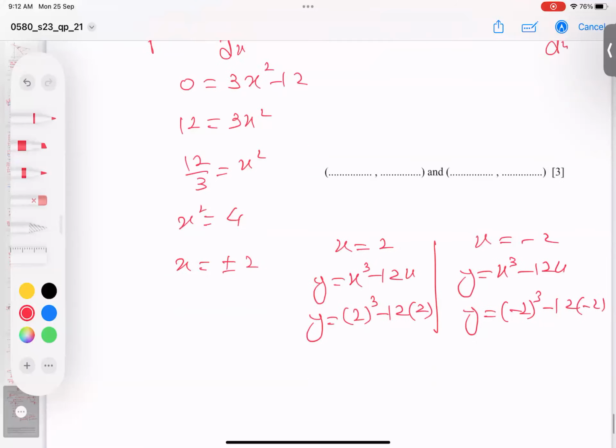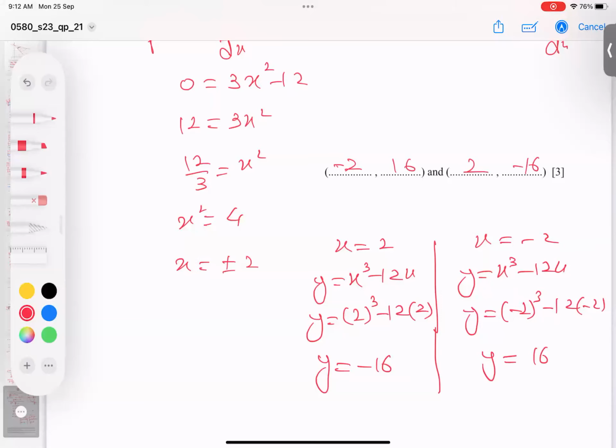And when I type in the calculator, let's see what answer is coming. With 2, I get negative 16. With x negative 2, I get a positive 16. So first I'm writing x equals 2, y is negative 16. For x negative 2, I get plus 16.